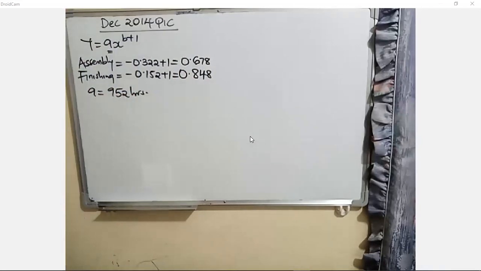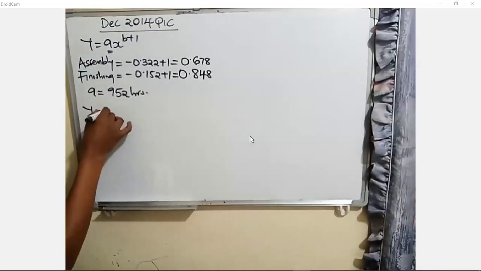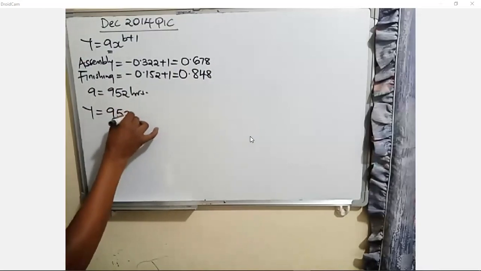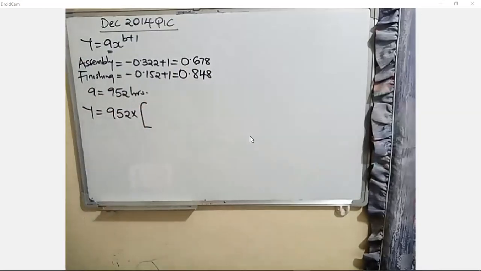So what is the total labor for these two machines? We are told the labor usage for the first motor vehicle was that. But remember, we are trying to produce 2 cars at a go. So to get my Y, I will take 952 times what?